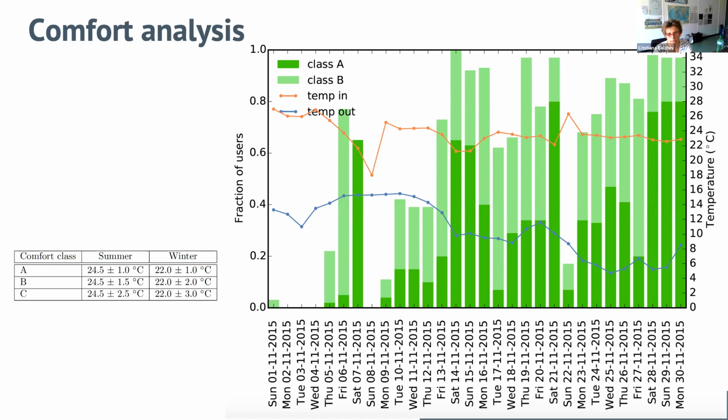In particular, there are in-state regulations where there are comfort classes, where they tell you what is the level of comfort within that space, which means that the comfort class A means that you are in a space with a temperature that is plus or minus 1 Celsius degree with respect to 24.5 in summertime.